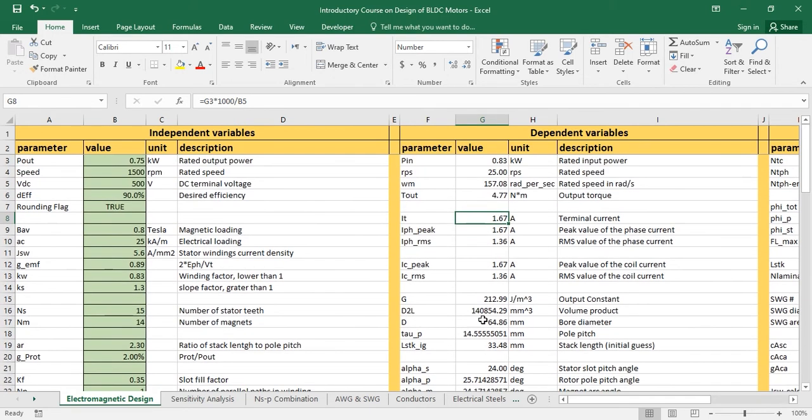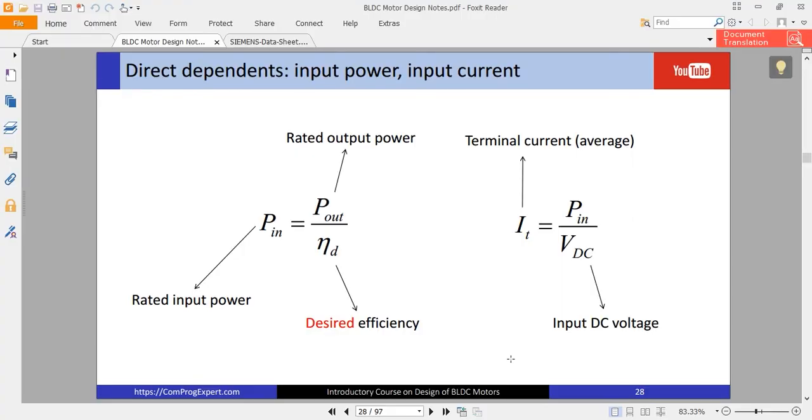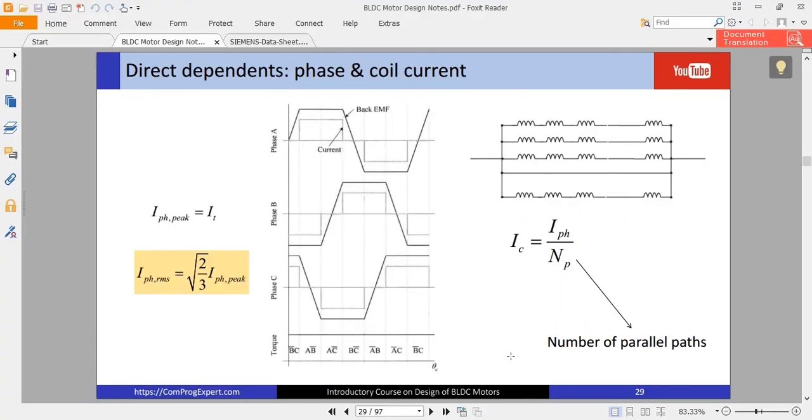So, what is the value of peak phase current, peak value of the phase current, and RMS value of phase current, and also these values for the coil, peak value of the coil current and RMS value of the coil current? As you can see here, at any instance of time, two phases are conducting.